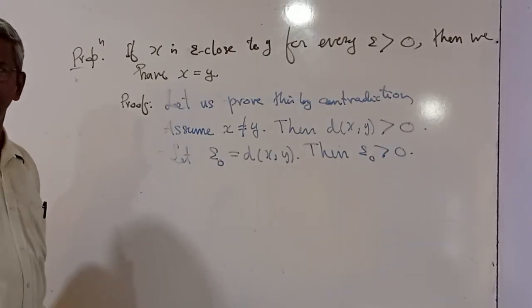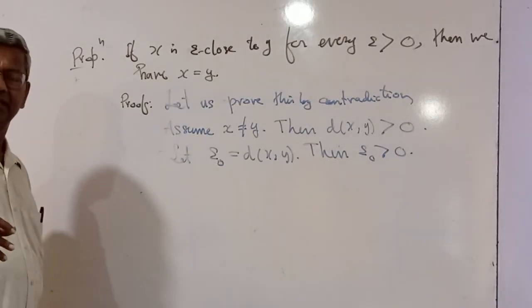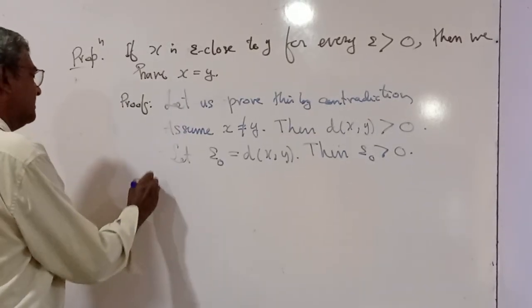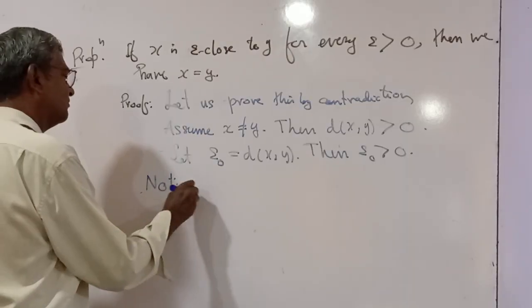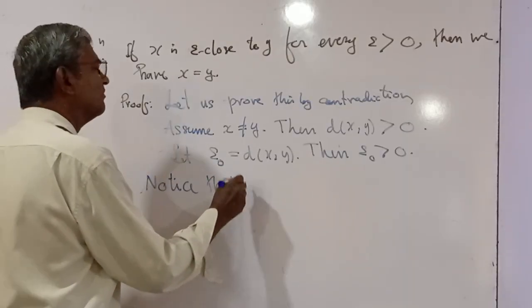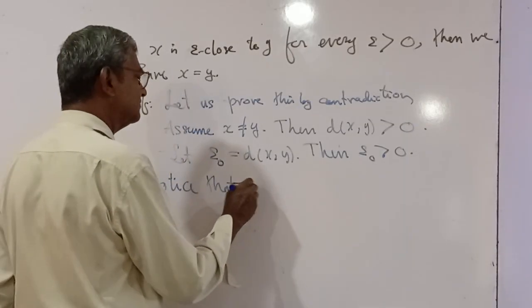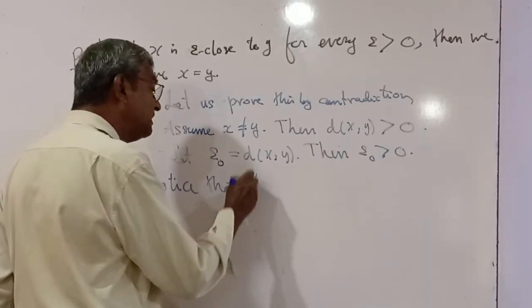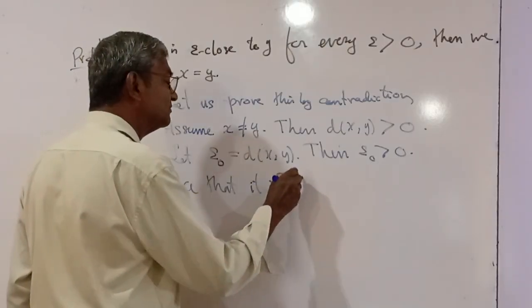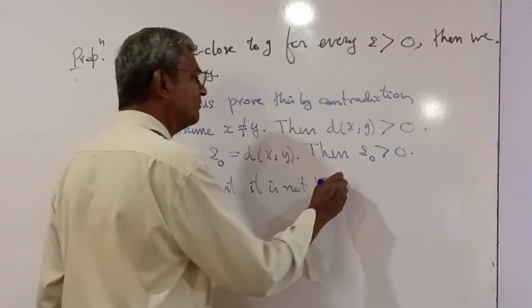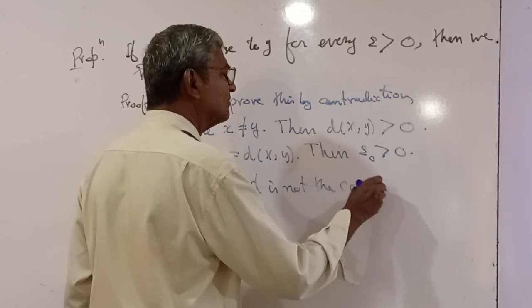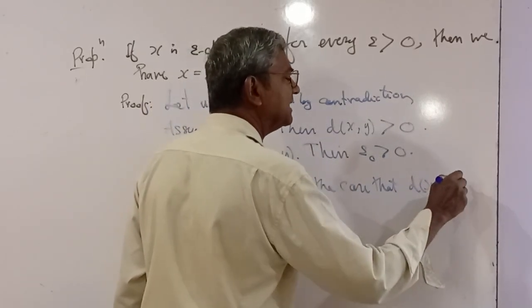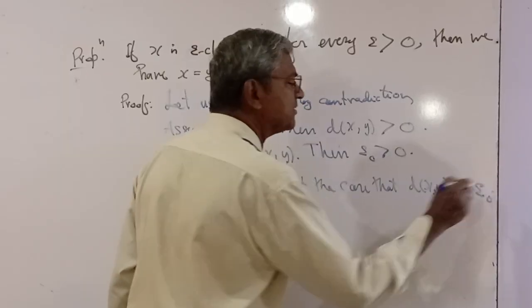Right? Then what, Kuta? You can say, what is that? dxy, if you want, you can say, it is not the case that dxy is less than epsilon 0.